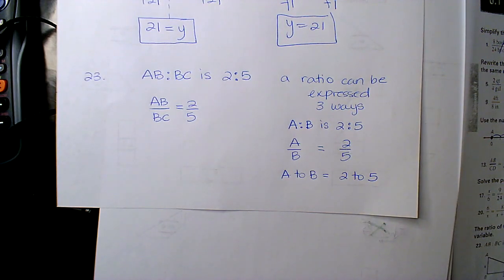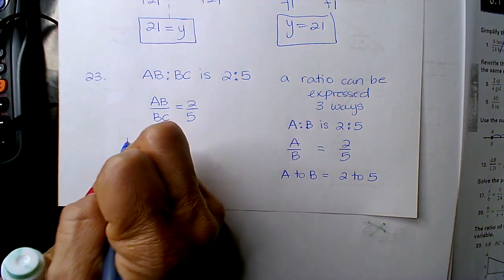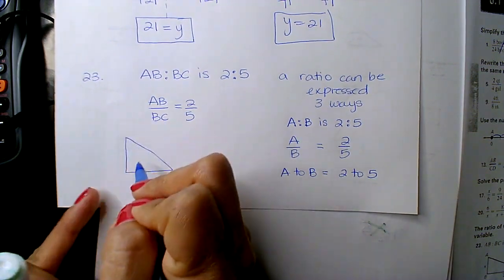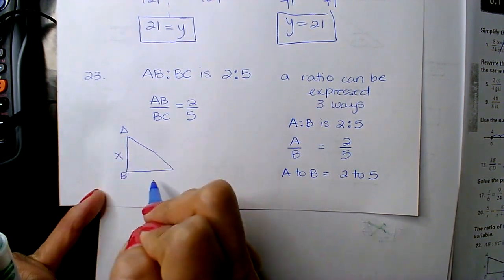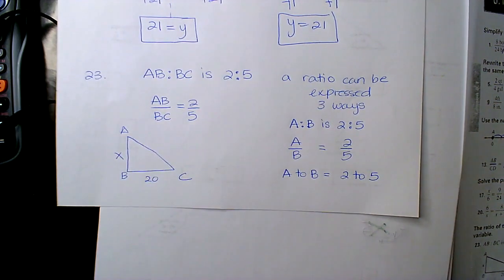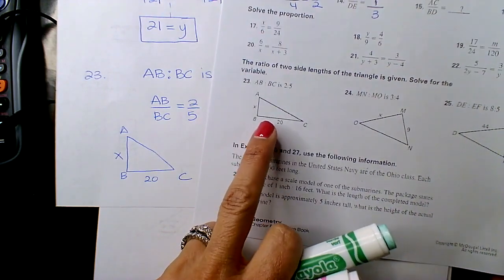AB over BC equals sign 2/5. And now you're going to substitute based off of the triangle that they give you. So they give me A, B, right? So I'm just referring to this.